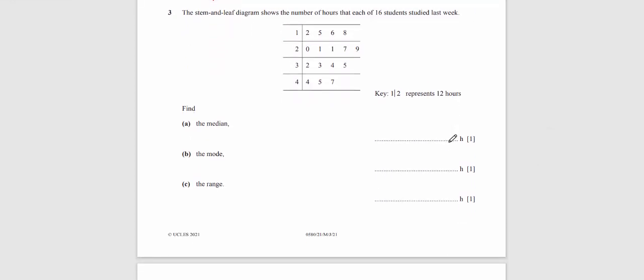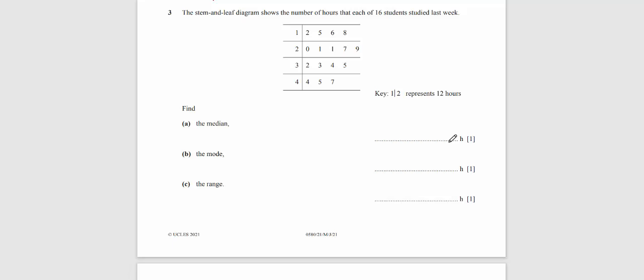And then for number 3, we have a stem and leaf diagram that shows the number of hours that each of 16 students studied last week. Find the median, mode, and then range. So if we want to find the median, we need to know where the middle position is.